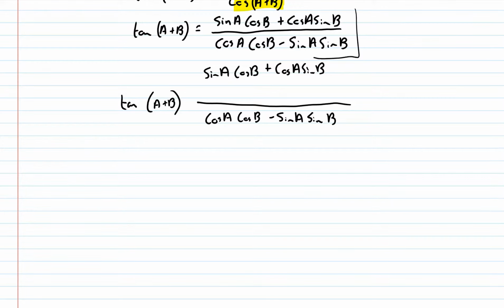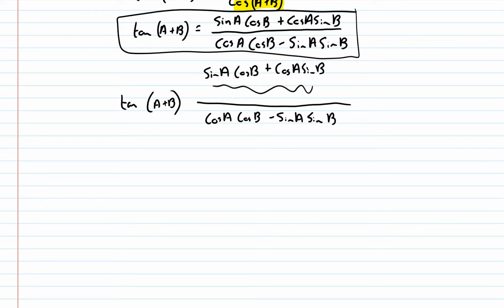So I'm just after rewriting this, but I'm leaving a bit of space here. Right. Now what I'm going to do is divide this all by cos A cos B, and divide this by cos A cos B. Okay.